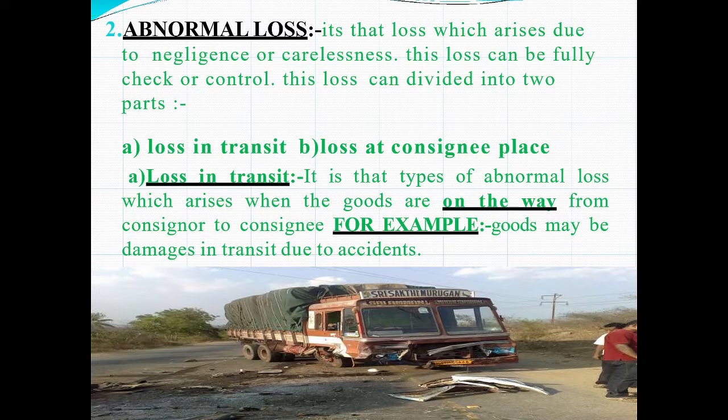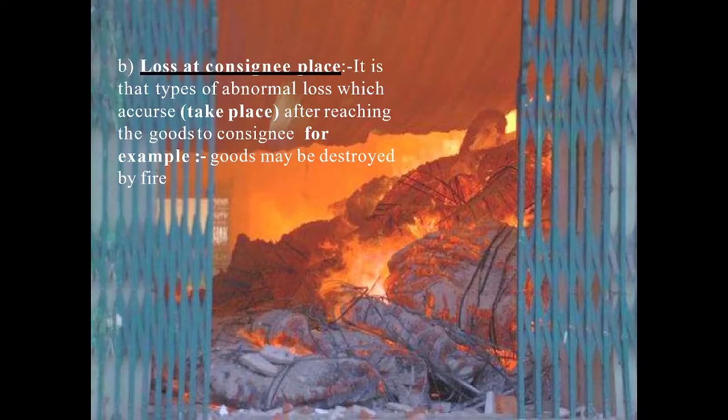And loss at the consignee's place means maybe a fire accident happens, or theft or embezzlement. So overall, there are two types of losses. Normal loss is not in our control. Abnormal loss is in our control, it happens due to negligence and carelessness.